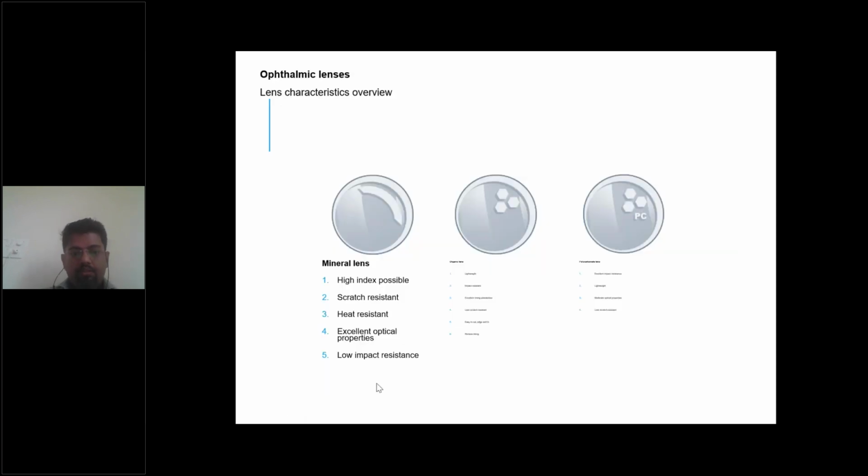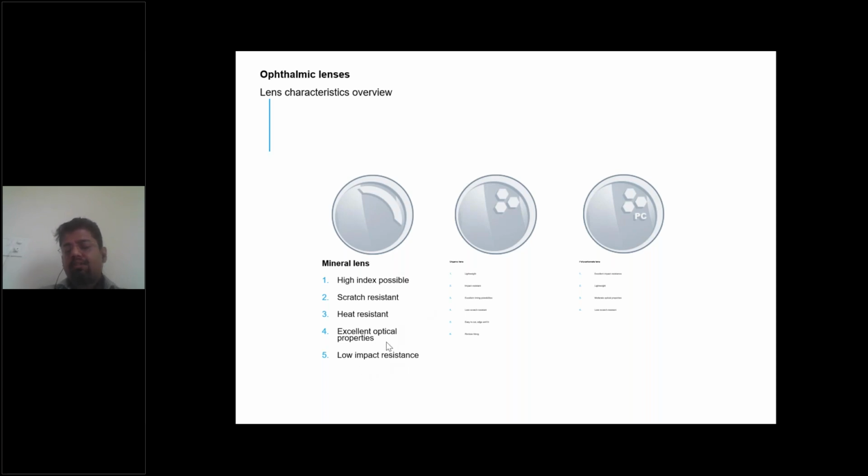Some of this seems to be too small, but anyways, I'll be explaining. So this was just a difference between the mineral lenses and organic polycarbonate lenses. The main reason why these mineral or glass lenses got outdated was that they were low impact resistant.